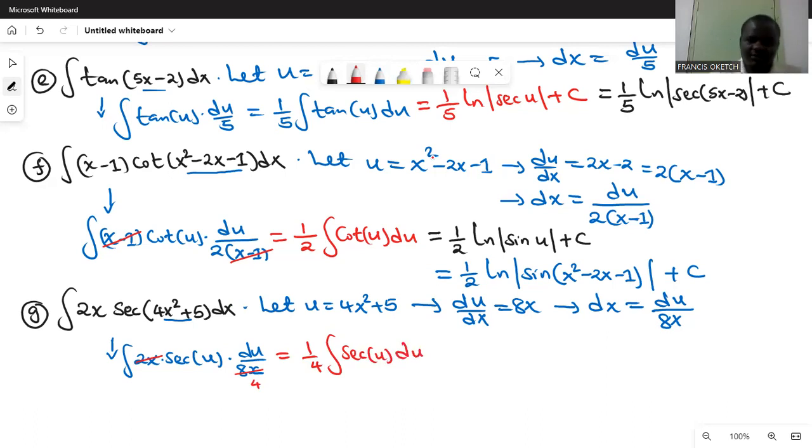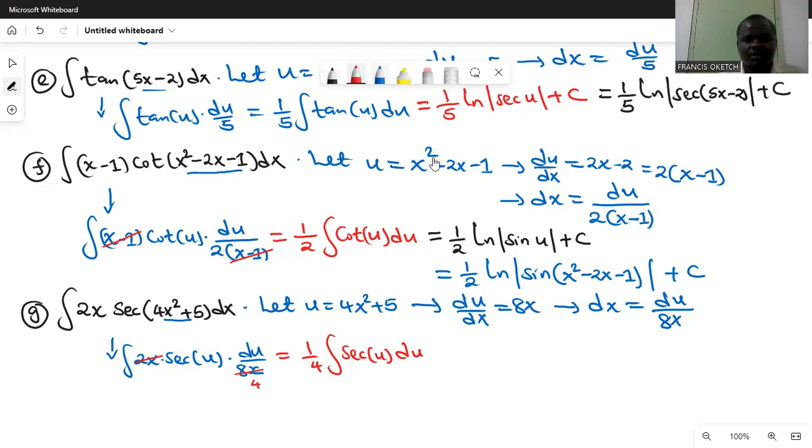What is the integral of sec x? I gave you that when you integrate sec x, it should give us ln of sec x plus tan x. Similarly, the integral of sec u should give us ln of sec u plus tan u.